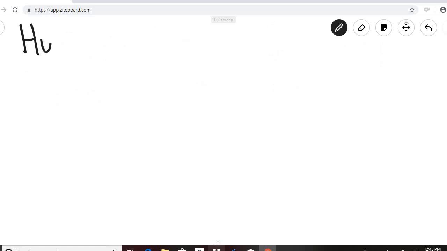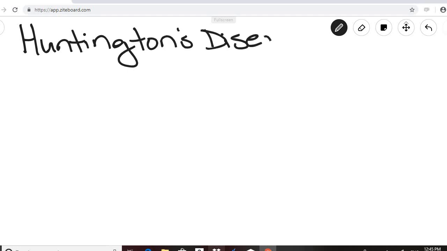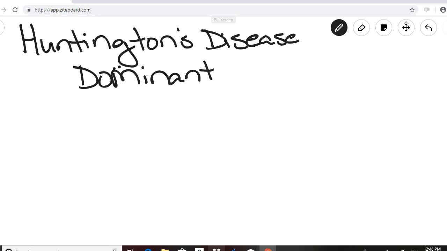There is another genetic condition that is called Huntington's disease. This is a disease that is not carried on a sex chromosome. It's carried on an autosomal, and it's a dominant trait. It's dominant, and it's a fairly rare condition, which tells us that most people are recessive, because it's not a very common trait.